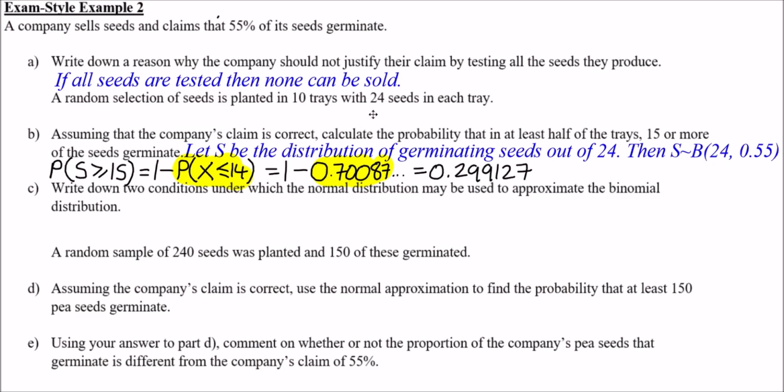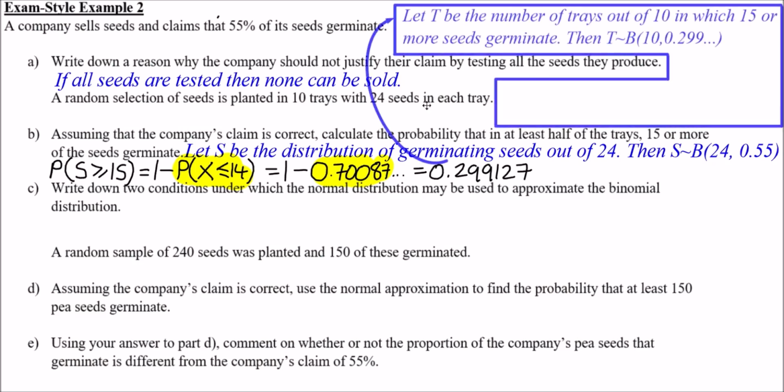So across the 10 trays, we can take this probability here, 0.299127, that's the probability of just one tray having 15 or more germinating seeds. If we're wanting to work out at least half of the trays having 15 or more germinating seeds, well, half of 10 trays is going to be 5 trays.